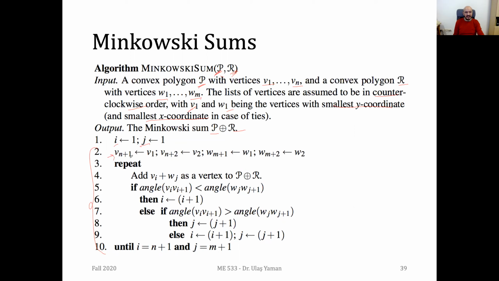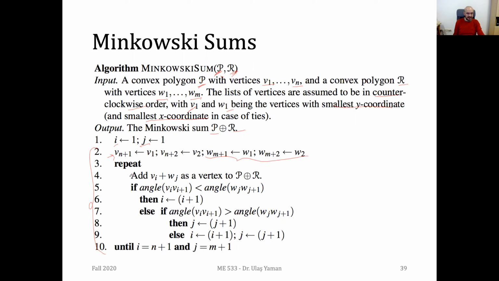We add two extra vertices to the end of the set, again for the robot R. The first two vertices are also added to the end of the set of vertices in the counterclockwise direction.